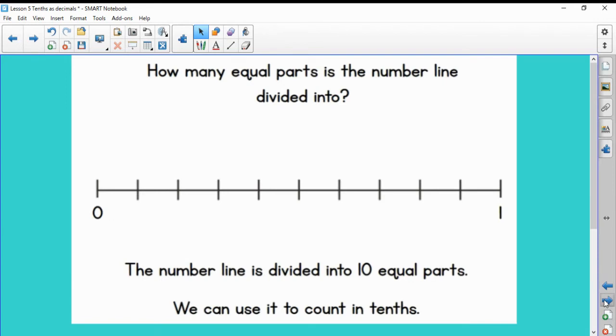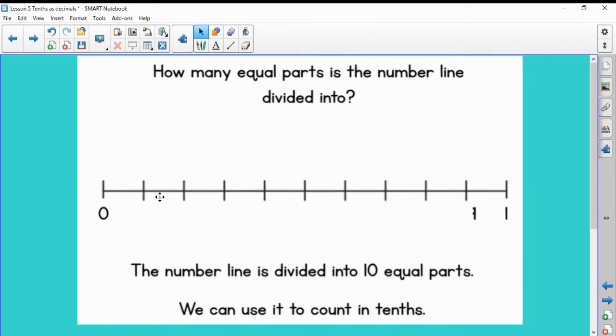So let's carry on with the lesson. This number line has been divided into 10 equal parts so we can count in tenths. 1/10, 2/10, 3/10, 4/10, 5/10, 6/10, 7/10, 8/10, 9/10, 1 whole.